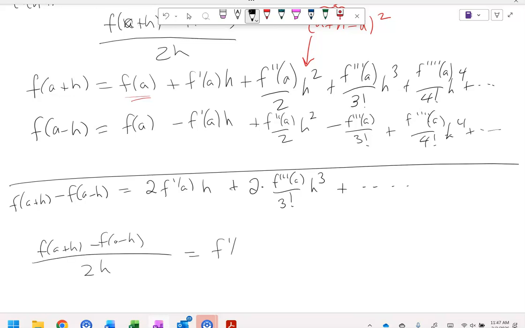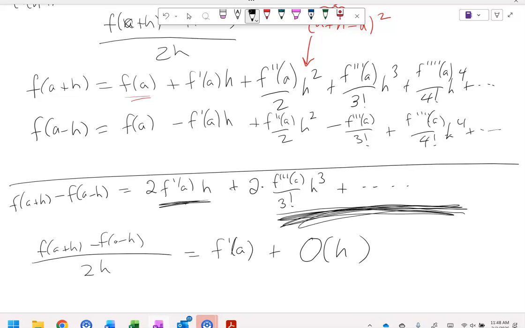I get f prime of a plus other stuff, big O notation, on the order of what power of h? Well, I divided the h out here, so I would have to divide the h out all the way here. What's the smallest power of h that you see when I divide out the h? Squared. So this would be on the order of h squared.